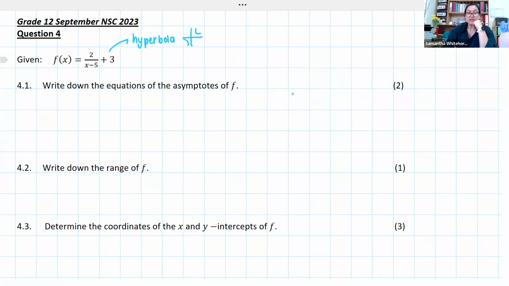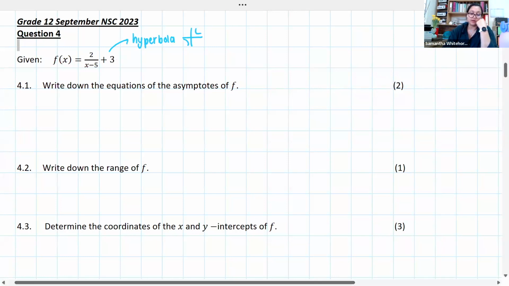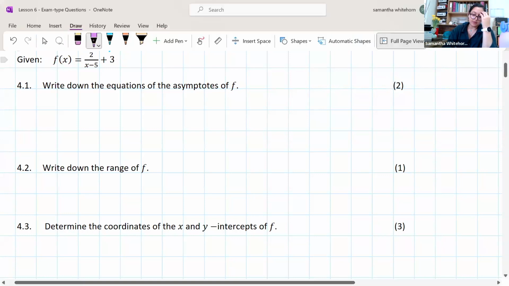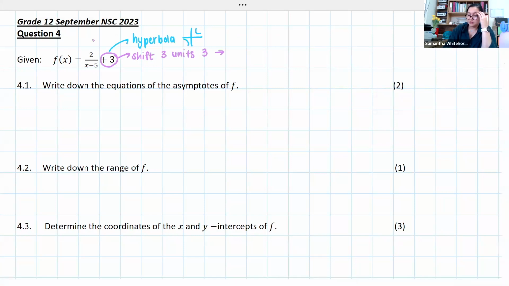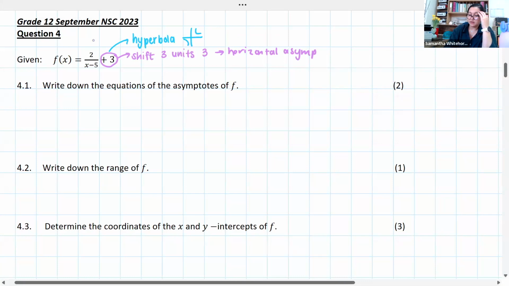The next thing I see is that this graph has undergone two transformations. Firstly, this plus 3 is a shift 3 units up, which means your horizontal asymptote is at y equals 3.